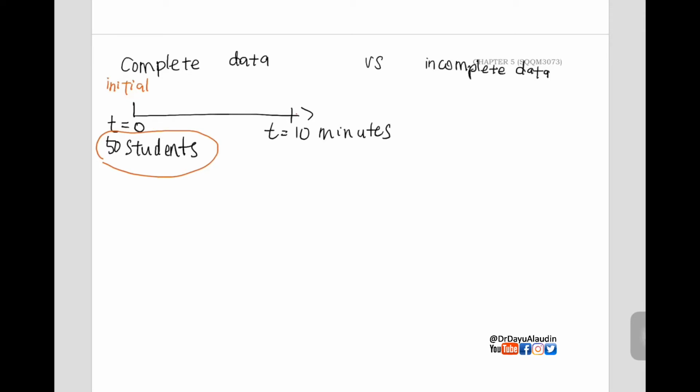So these students are observed every minute until the end of the observation. t equal to 0 is the start of observation, and t equal to 10 is the end of observation.